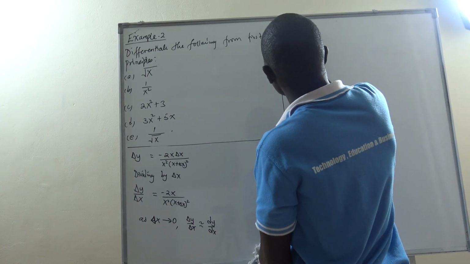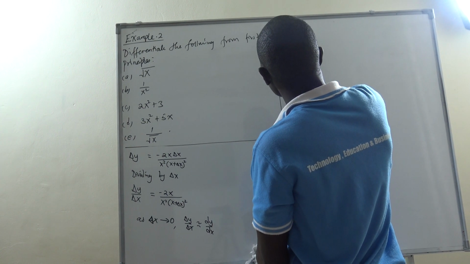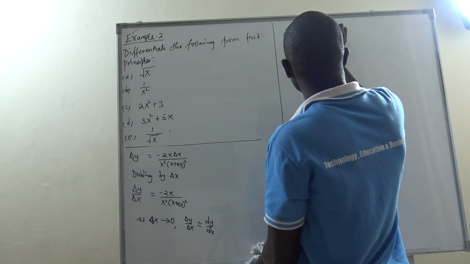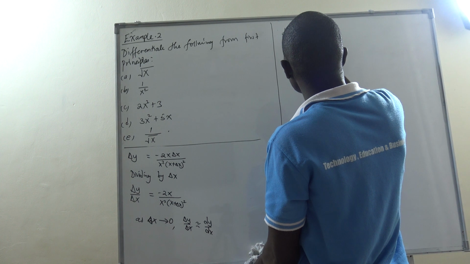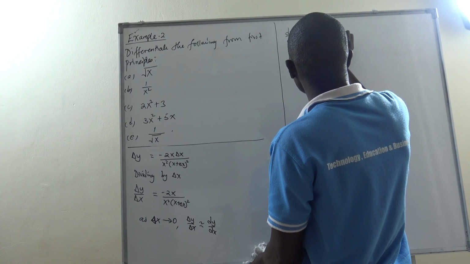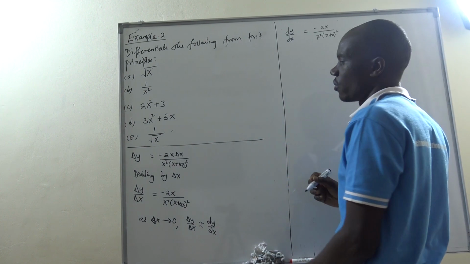It becomes dy dx, which is equal to negative 2x out of x squared into, delta x is already 0, we get x plus 0, the whole of it squared.